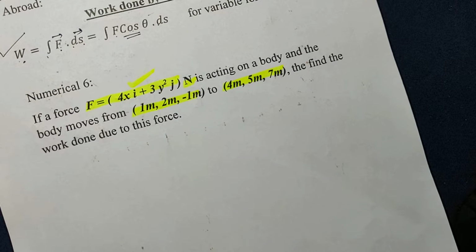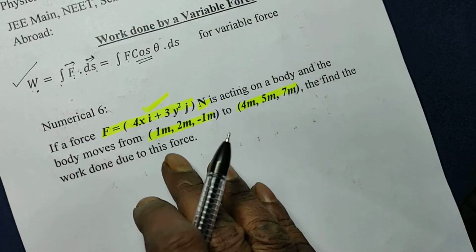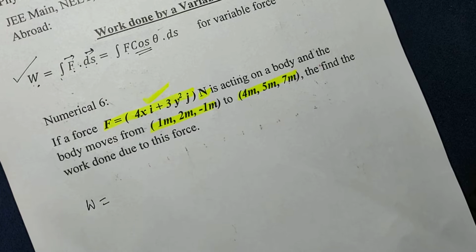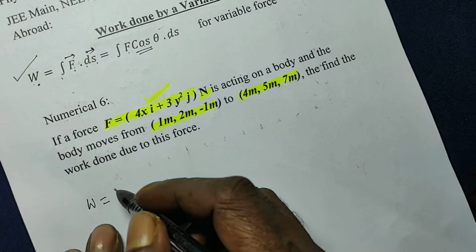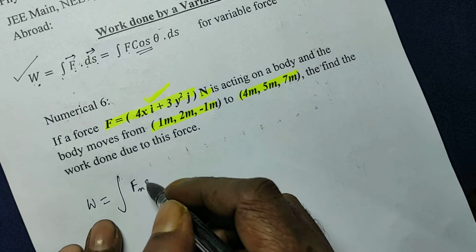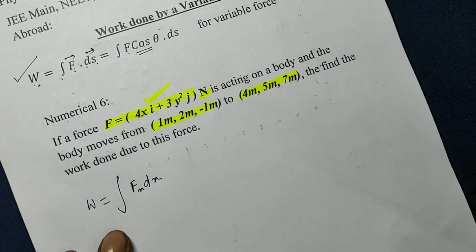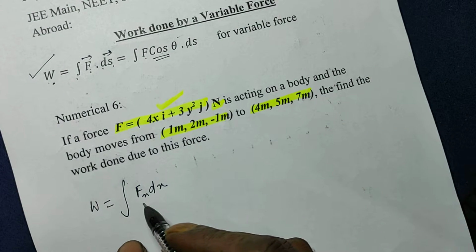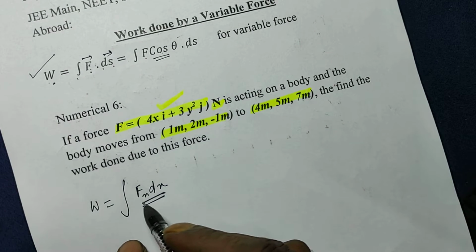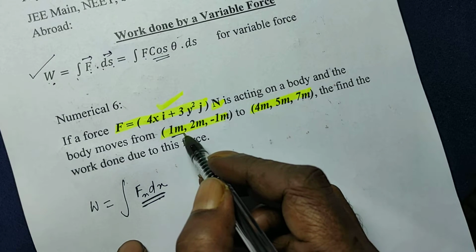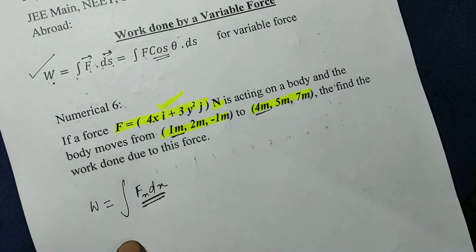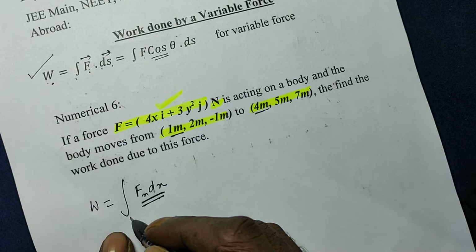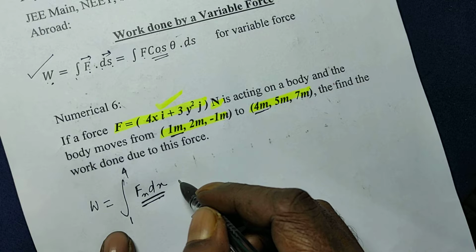So in this numerical problem, the work done will be equal to the integration of Fx dx. Now, from which position to which position? Now I am only integrating the x value, that is from 1 meter to 4 meter. So it will be from 1 to 4, right?